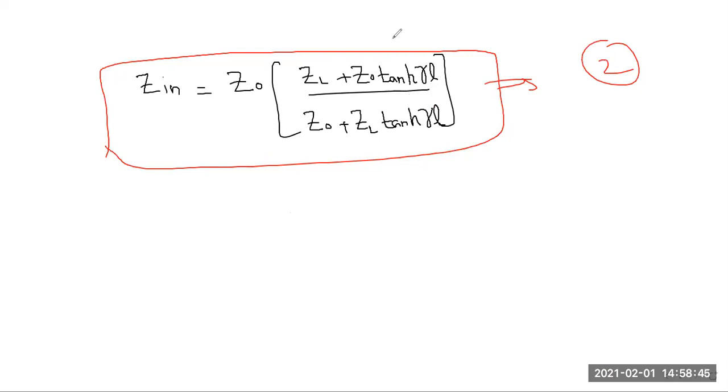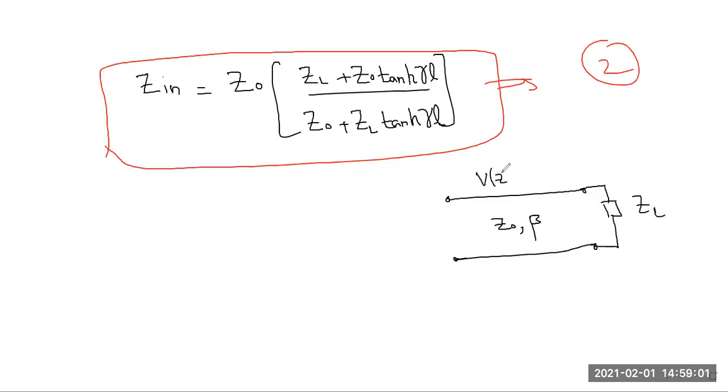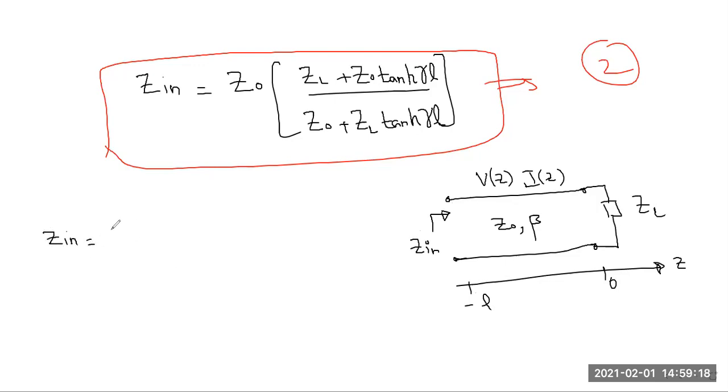When we consider an ideal line, Z naught beta, this is a lossless line terminated with some load, and we do the same analysis. The input impedance for this had two expressions as well. So we derived these expressions.